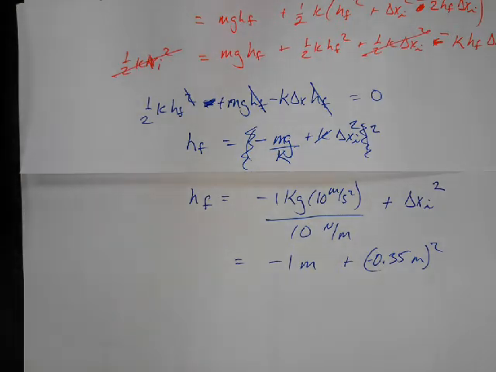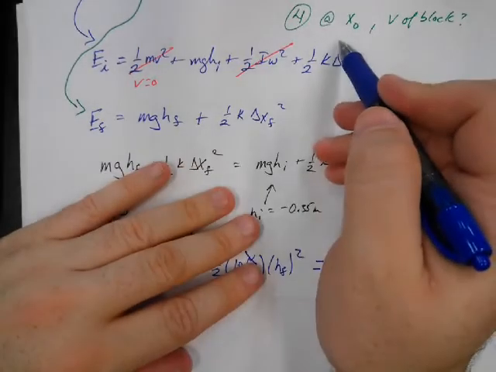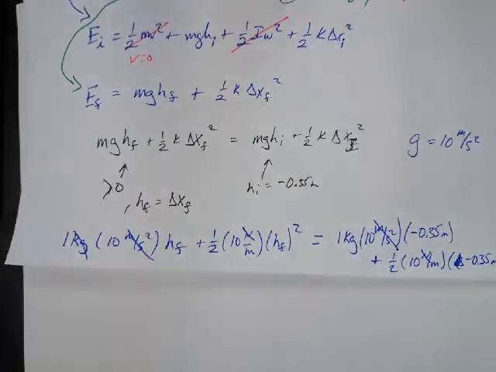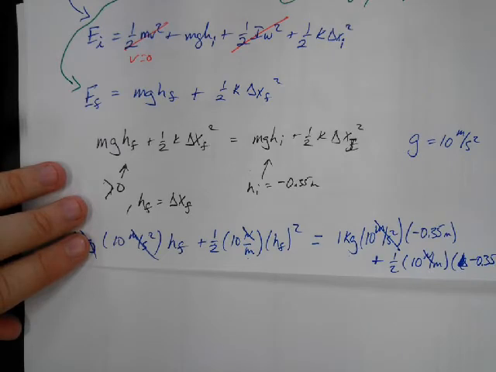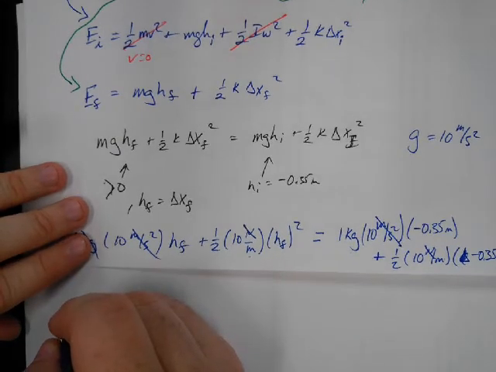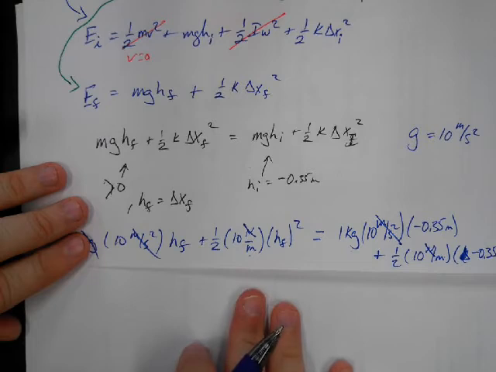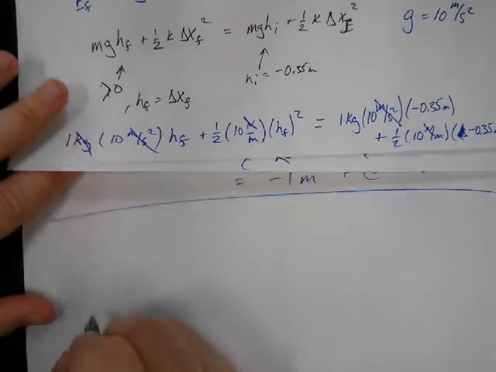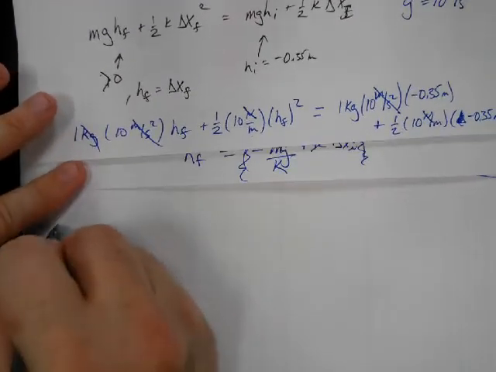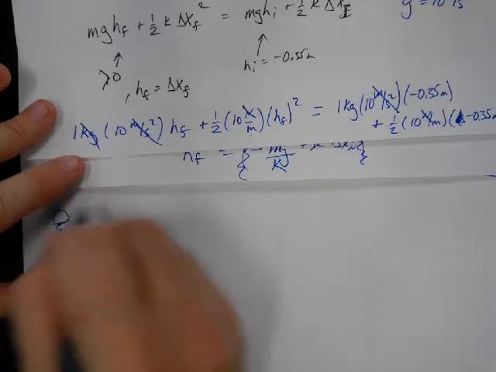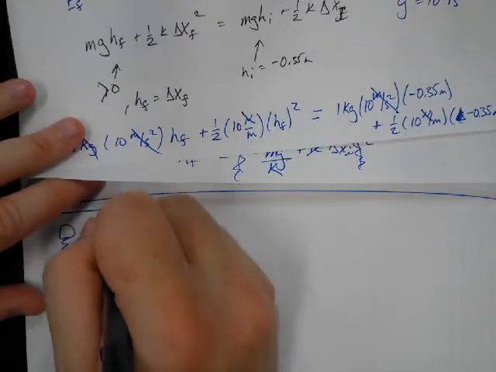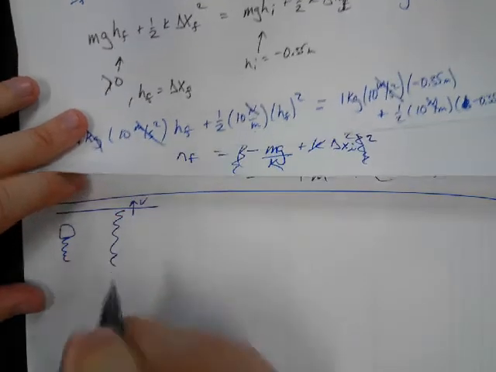And I want to end the video by going back to this. What is the speed when you get to the initial position? So maybe I've screwed this up and we'll just go through another problem. Well, let's see. When we get to the initial position, the spring is compressed, and eventually the spring is loose and it has some velocity there.